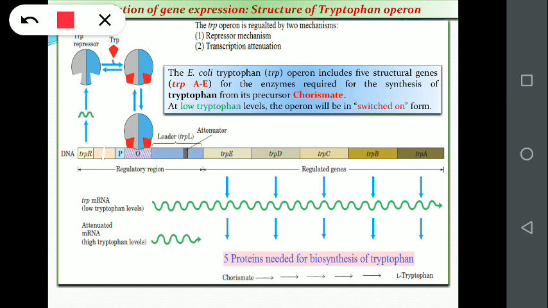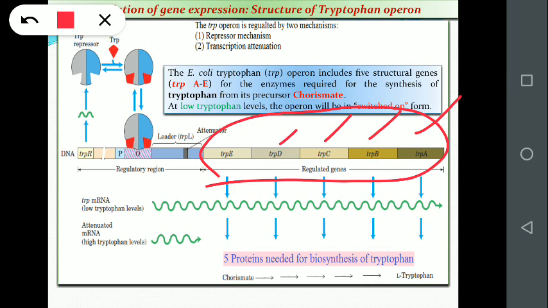So here we have 5 structural genes. From right to left, we get trpA, B, C, D, E. From left to right, we get E, D, C, B, A. Simple, 5 genes.